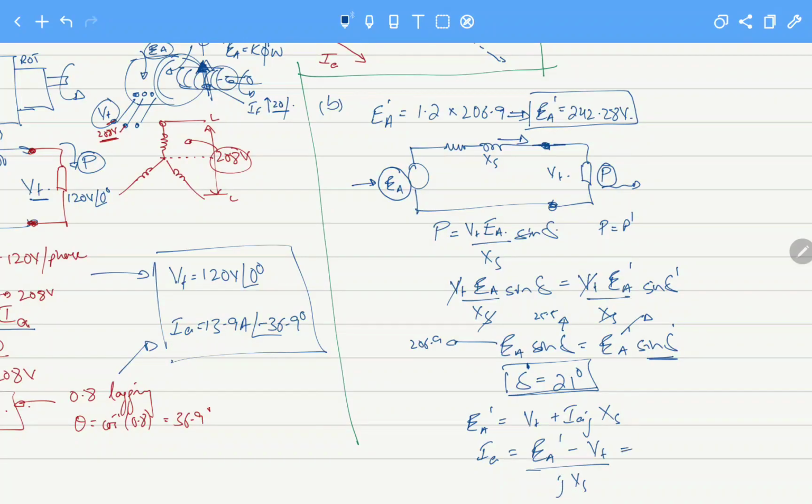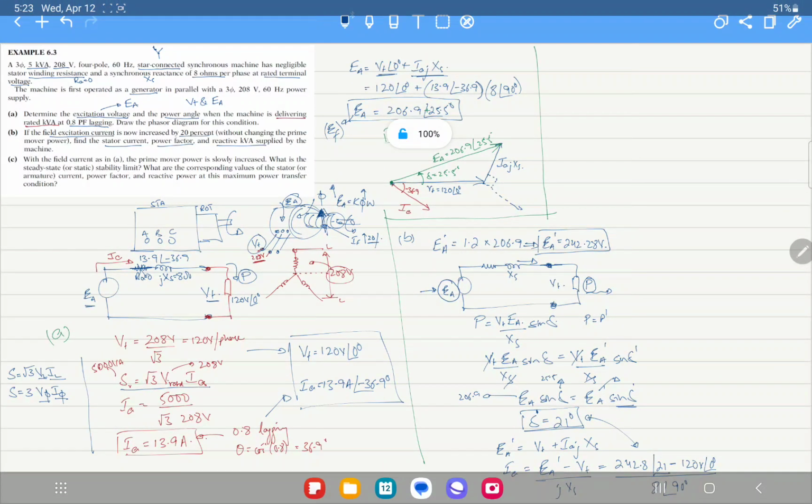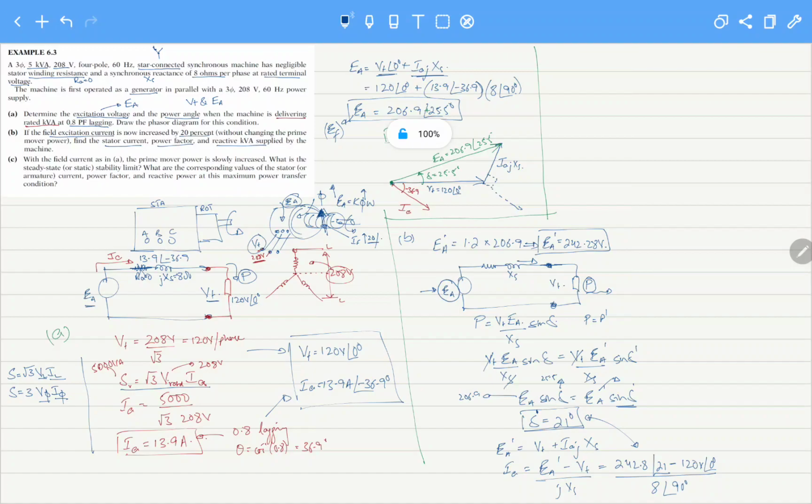EA prime is now 242.8 at an angle of 21 degrees, which is the angle we calculated here, minus 120 volts at 0 degrees, divided by X_S, which is 8 ohms at an angle of 90 degrees. If we solve this, the value for IA can be calculated.